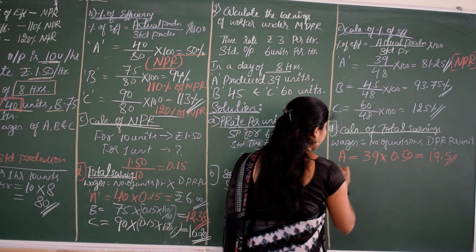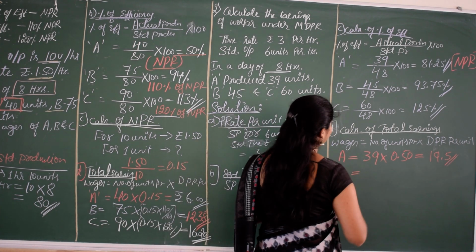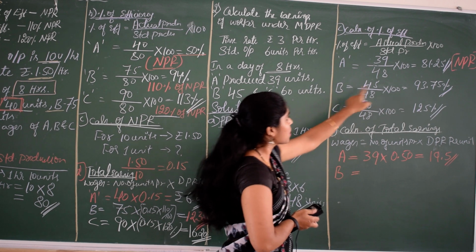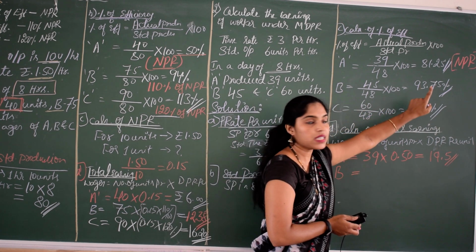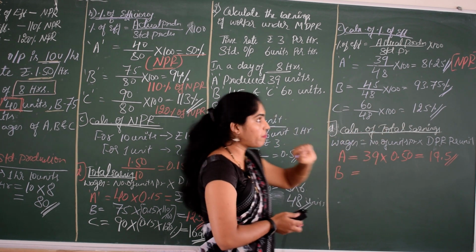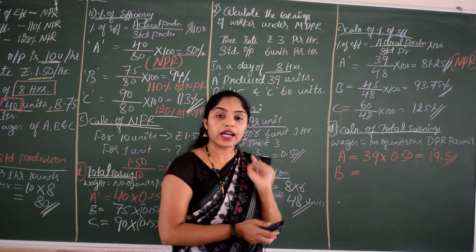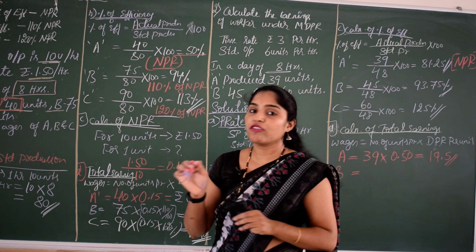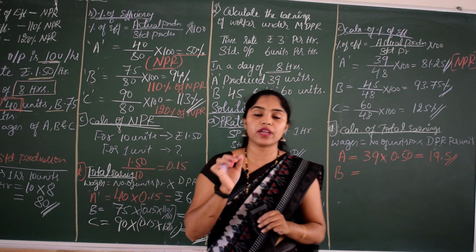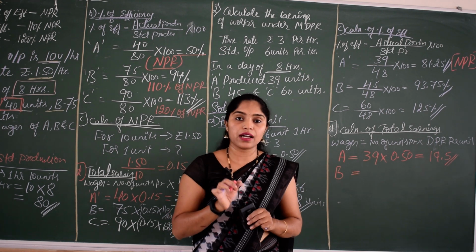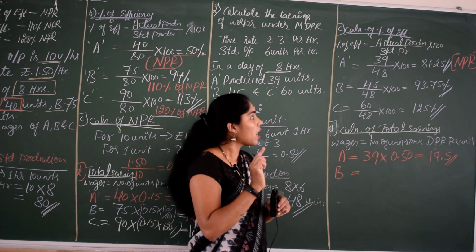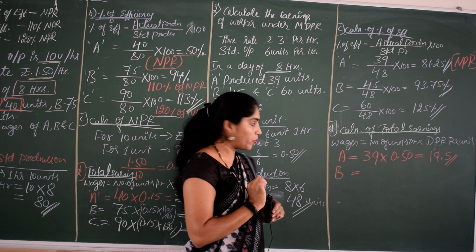So now calculate for Mr. B. See, B's percentage of efficiency is 93.75, and the condition says if the percentage of efficiency is more than 83% but less than 100%, he is going to get 110% of normal piece rate.